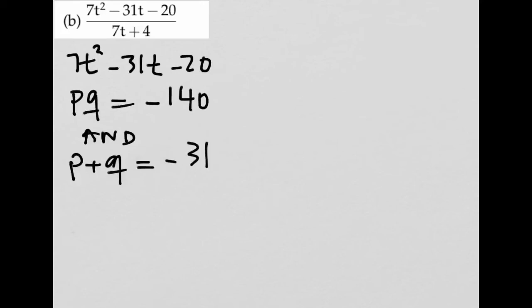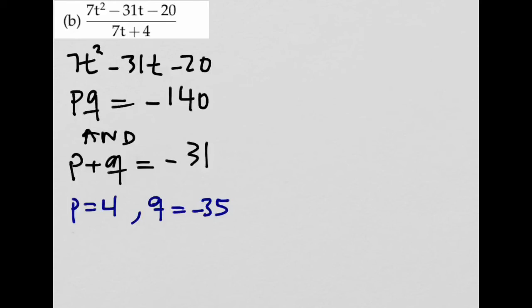If we go down the list of factors of negative 140, we will see that p equals 4 and q equals negative 35 will do the trick. In other words, 4 times negative 35 is minus 140, and 4 minus 35 is equal to minus 31.